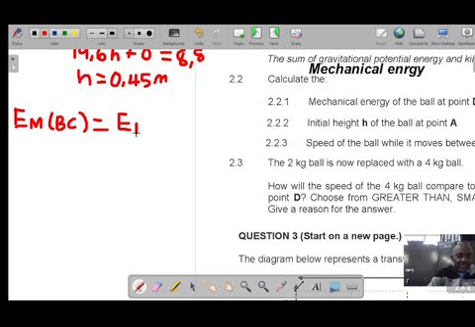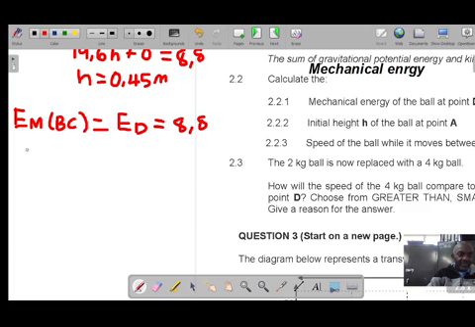But what is the energy at D here? We said it's already 8.8, so I equate to 8.8 joules. Then I can solve. What does mechanical energy mean here? It means that EP plus EK along BC equals 8.8.